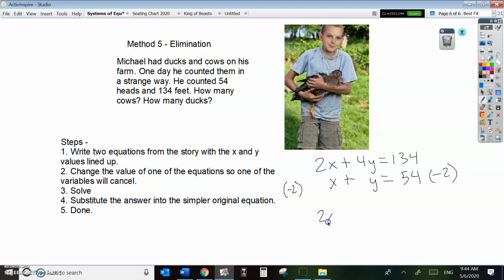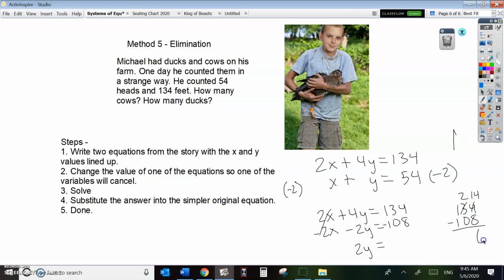So here's our top equation again, 2x plus 4y equals 134, and then negative 2 times x is negative 2x, negative 2 times y is negative 2y, negative 2 times 54 is negative 108. You can see that 2x minus 2x, those eliminate, and then 4y minus 2y is 2y. 134 minus 108, make that a 14 and a 6, should be 26. 2y equals 26.